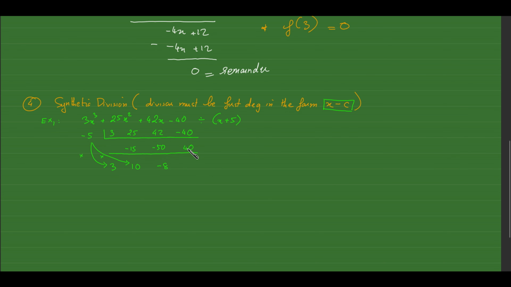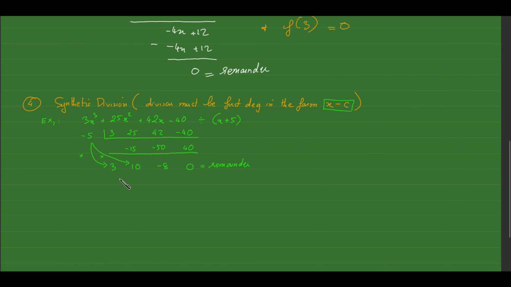You see that the last number after adding up is 0. This last number here is the remainder. So the remainder is 0.